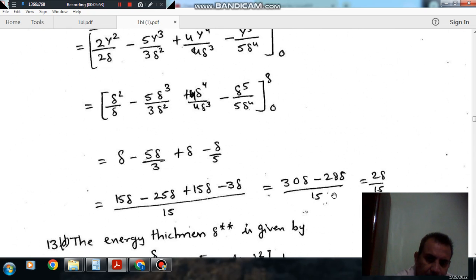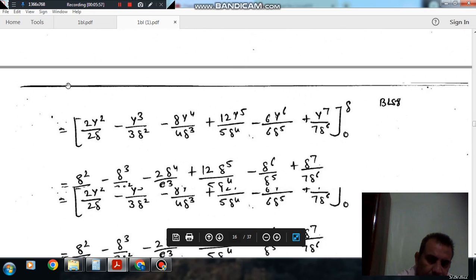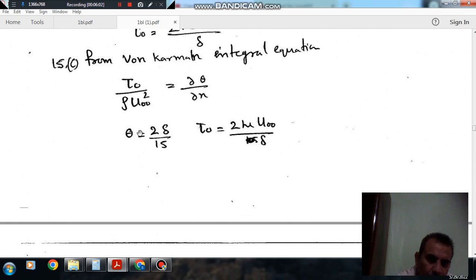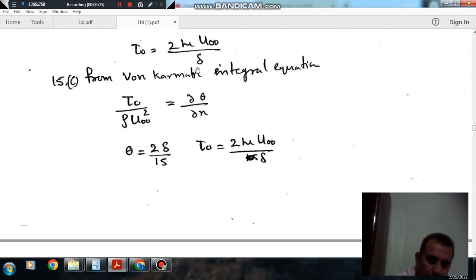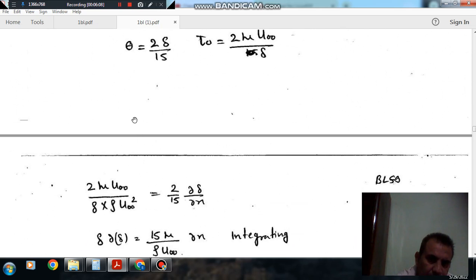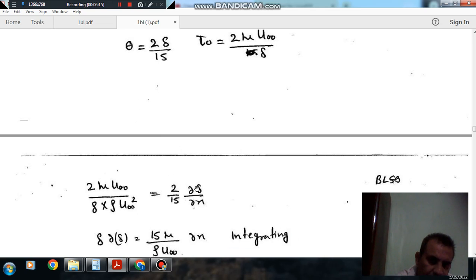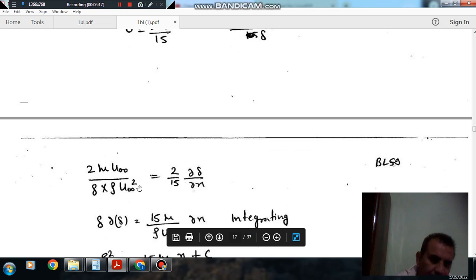Theta is the momentum thickness, that is 2 delta by 15, and tau naught we have found out, 2 mu u infinity by delta. So putting this value and differentiating d theta by dx, by partial differentiation we get 2 by 15 d delta by dx.